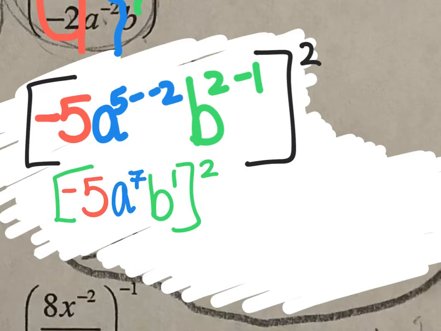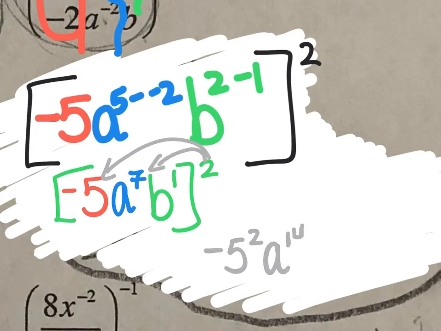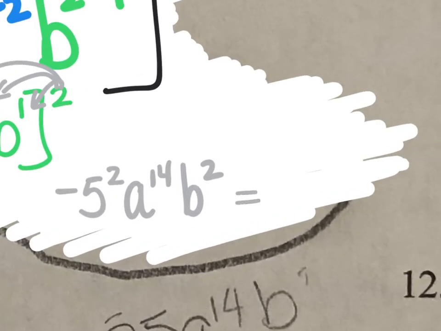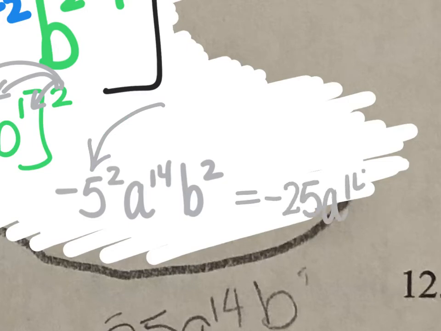So now let's go ahead and do that. So I get negative 5 squared, a to the 14th, b squared. You can simplify that piece, giving you negative 25a to the 14th b squared.